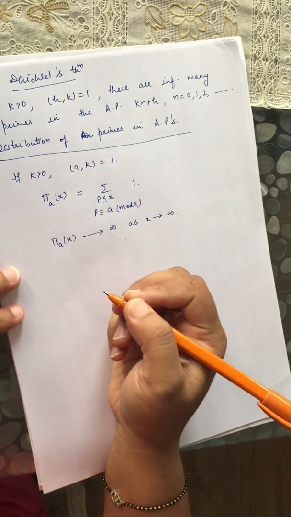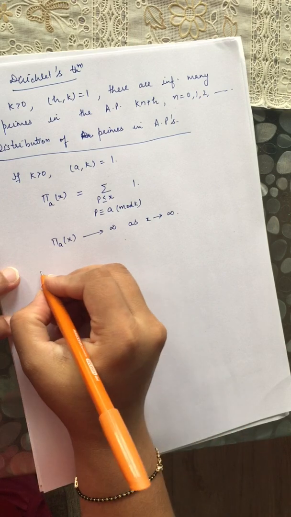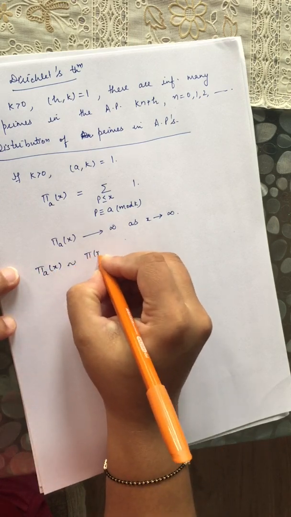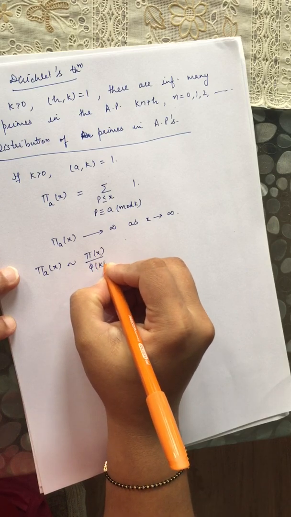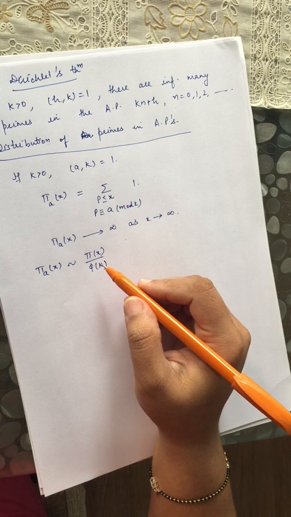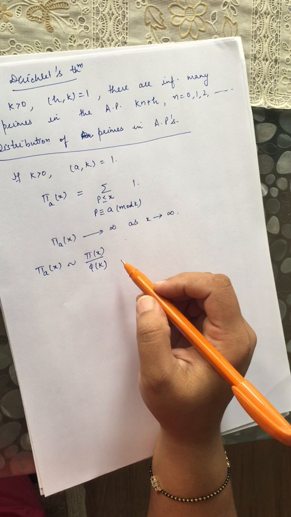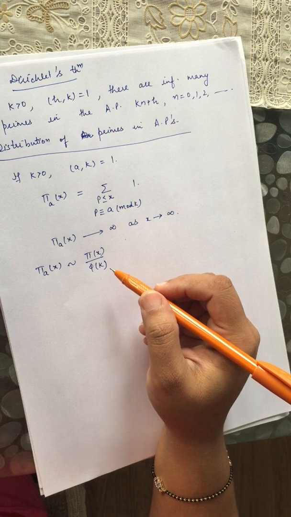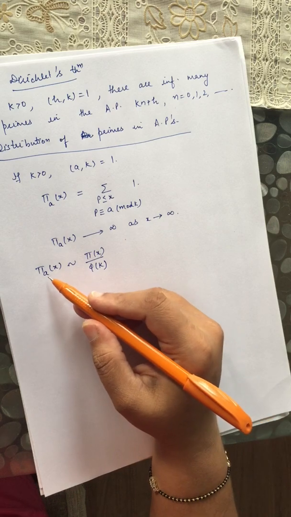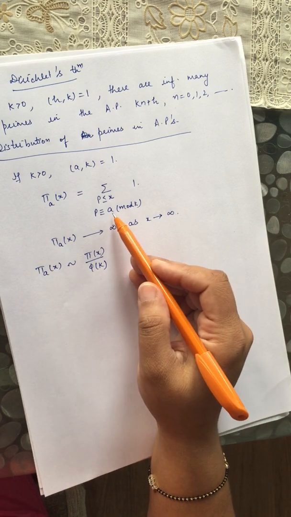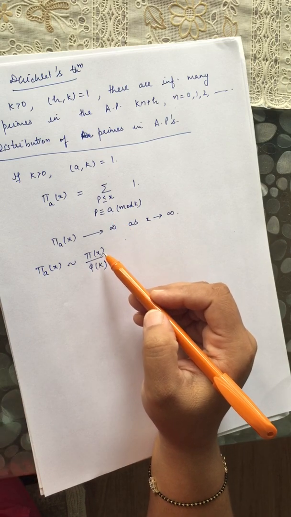So we have a prime number theorem for arithmetic progressions which actually states that pi_a(x) is asymptotic to pi(x) upon phi(k), because earlier also I have told that for each reduced residue class there is equal contribution of the primes in each reduced residue class. So pi_a is the number of primes in the reduced residue class of a, and pi(x) is the total number of primes.